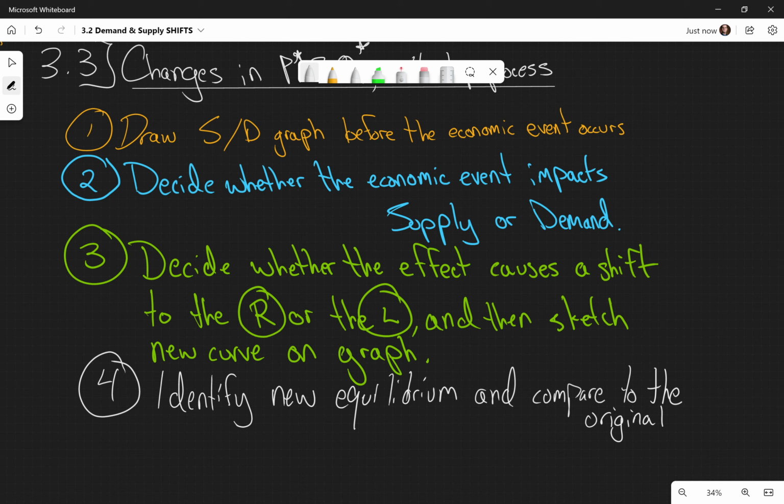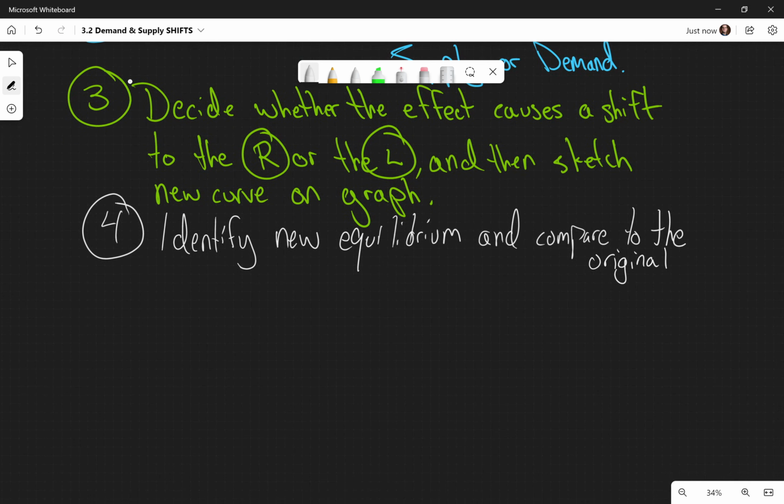So let's do a couple quick examples. The first example that the book talks about is a shift in supply.